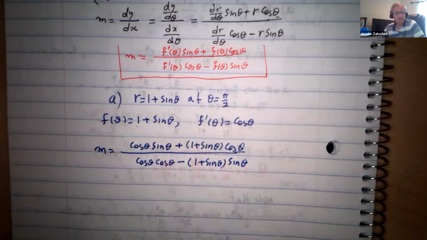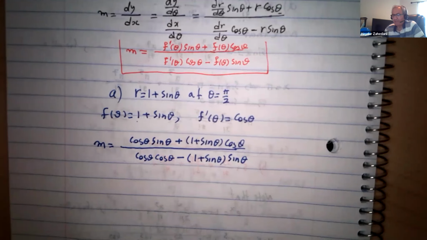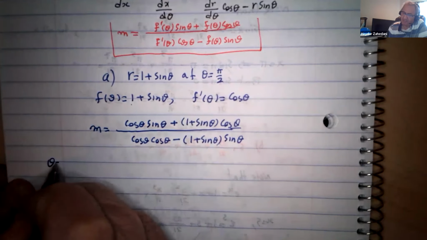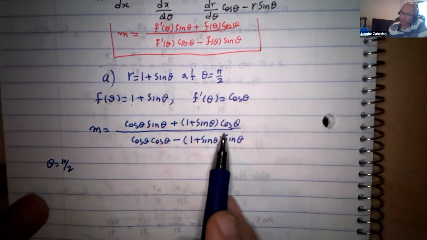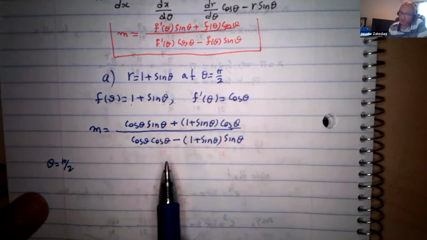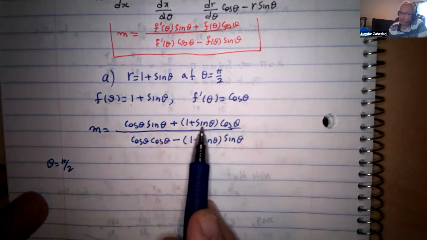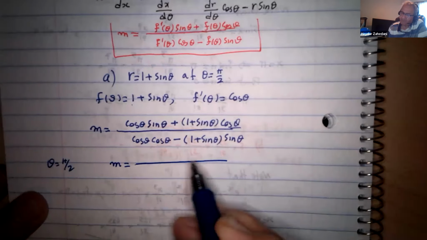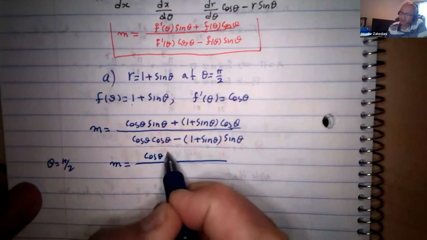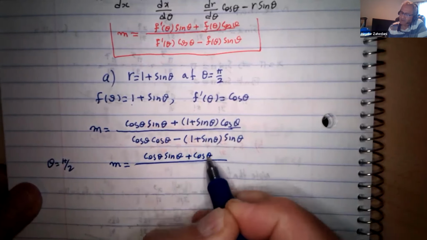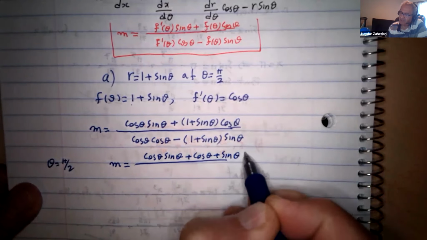That's it. Substitute, simplify. You can even simplify it first, then go back and substitute. It's up to you what you want to do. If you like, as I told you, you can simplify it further, or just quickly substitute. Let's multiply it, but you don't have to. So the top is cosine of theta times sine of theta plus sine of theta times cosine of theta.